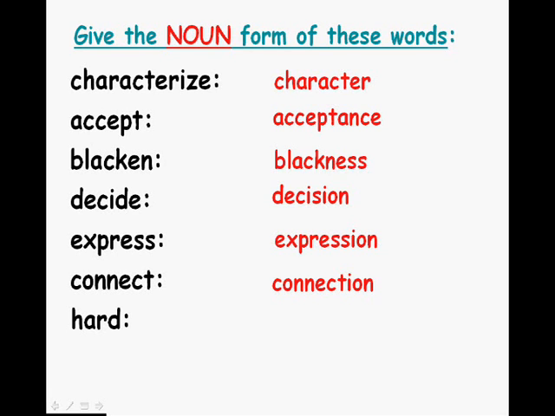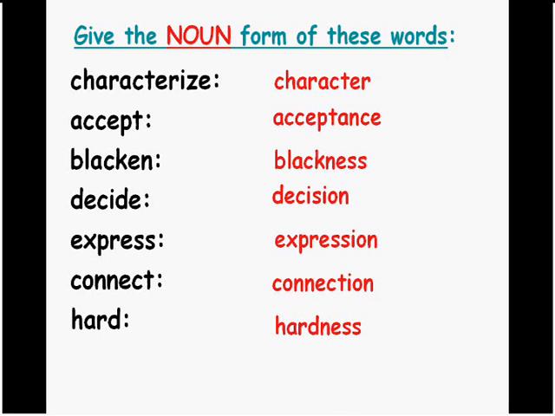Hard. Think about this. What is the noun of hard? Yes, hardness. Again, hard is an adjective. So when you find an adjective and you want to change this adjective into a noun, you add the suffix ness, N-E-S-S.